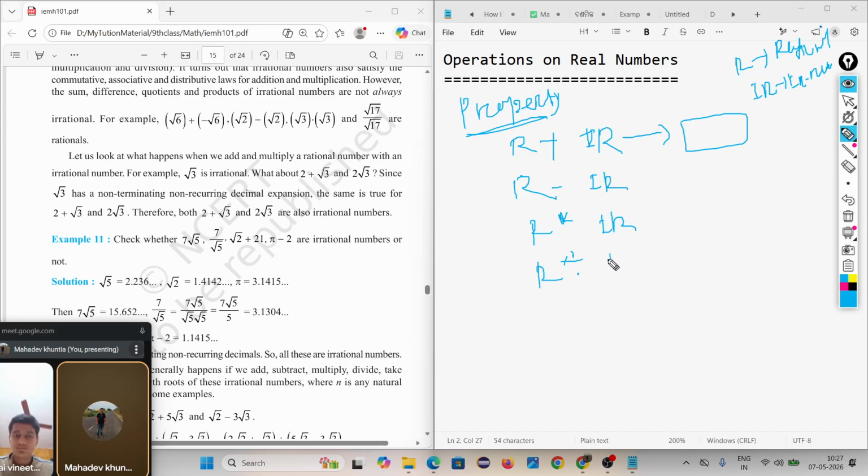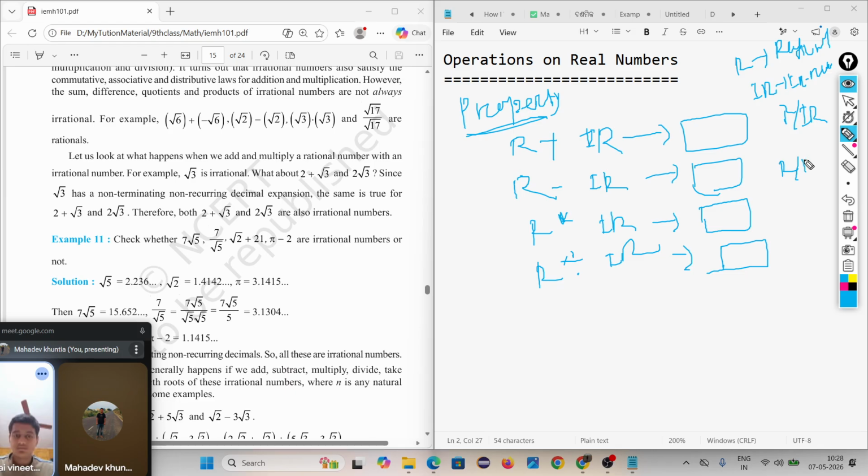Will the answer be rational or irrational? Irrational. Remember, if you add, subtract, multiply or divide a rational number with an irrational number, you will always get an irrational number. This is the property.